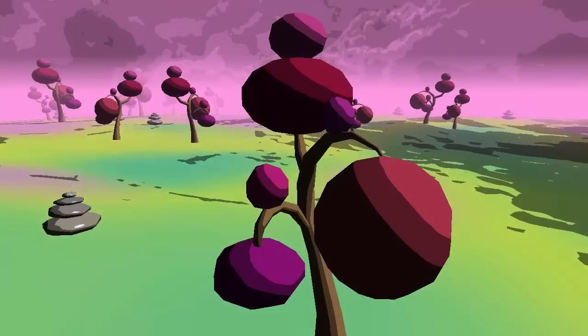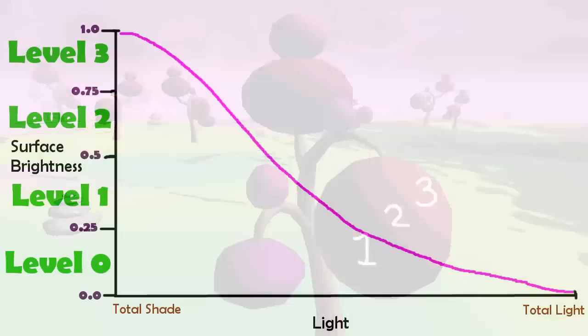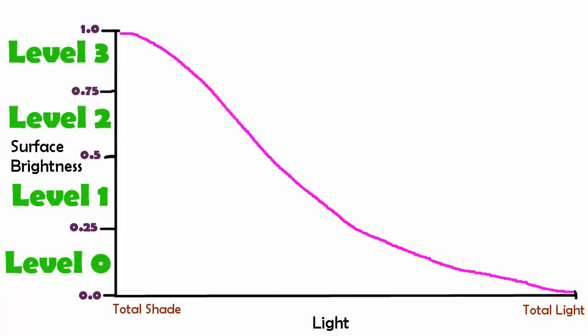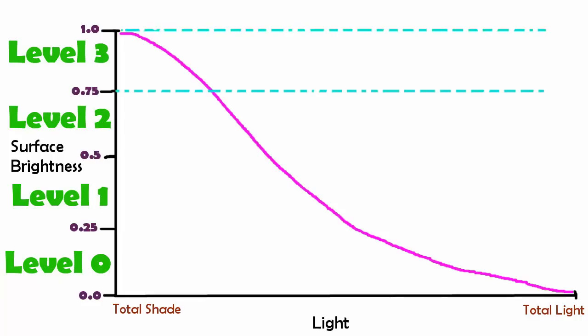With cel shading, we have a certain number of brightness levels, and the brightness of the surface has to be one of these values. Here I've used 4 levels, but you can choose to use as many levels as you like. The way it works is to find out which level of brightness each point on the surface is, and then to cap the brightness of that point to the lower brightness limit of that level. Take this top level here for example.